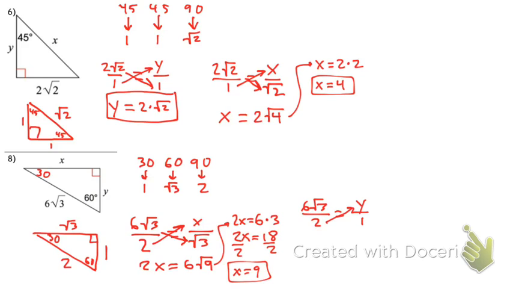Cross multiply and solve. We have 2y equal to 6 times radical 3. We cannot clean this up, so we leave it as is, but we can solve for y by dividing by 2.